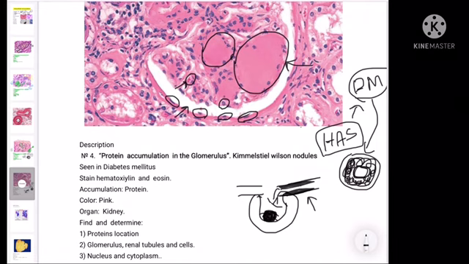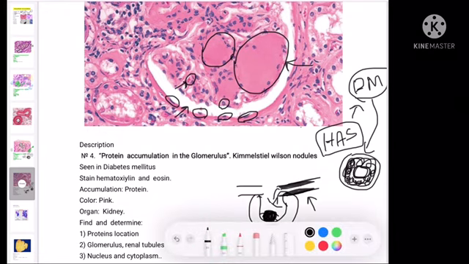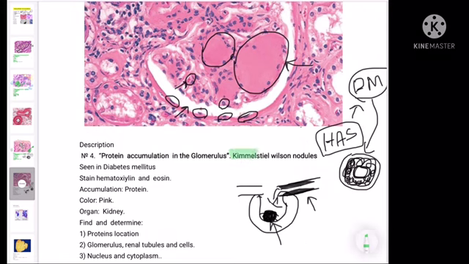So this is protein accumulation, and if it is associated with diabetes mellitus and a localized area, then it is called Kimmelstiel-Wilson nodules. So Kimmelstiel-Wilson nodules are nothing but protein accumulation in the glomerulus.